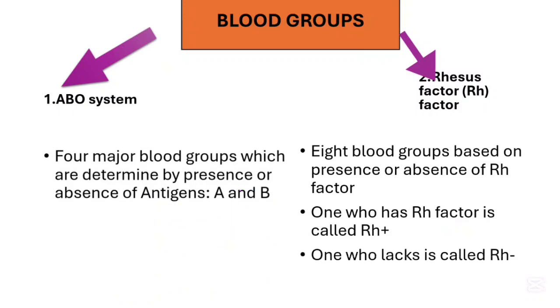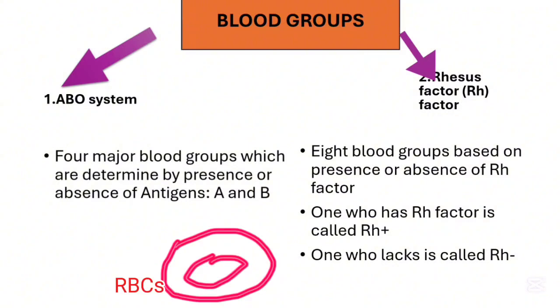And one who lacks it is called RH negative. Example, if you have blood group B and your blood has no RH factor on the surface of the RBC, then your blood group is B negative.